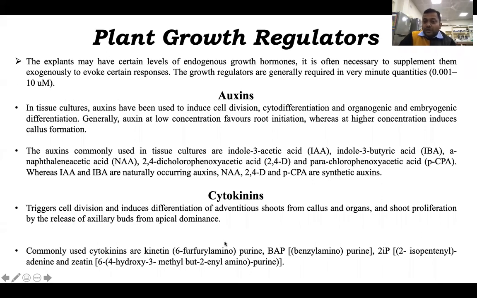So at the initial stage, as I mentioned, we use a specific ratio of auxin and cytokinin to develop callus from the explants. Then at a later stage, when we have infected the callus with agrobacterium, we'll come to that later when we talk about transgenics, and we want it to start generating shoot, we bring the callus back to lower concentrations of cytokinin so that it starts giving shoot.